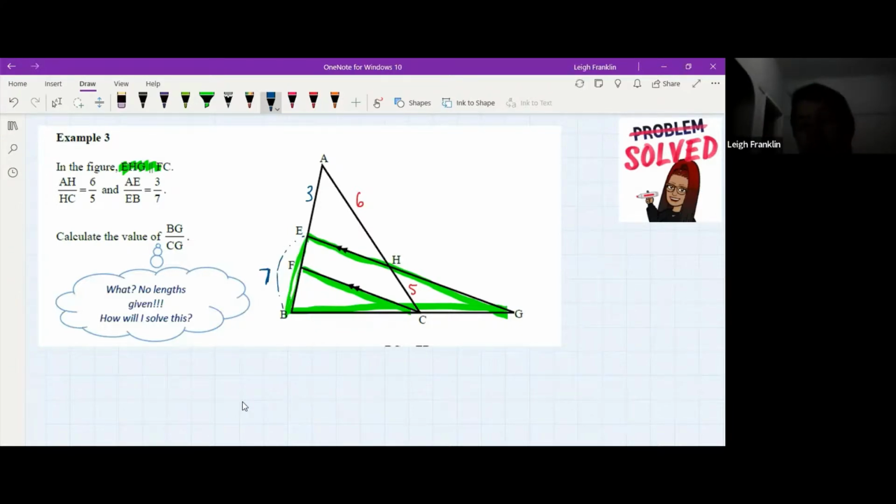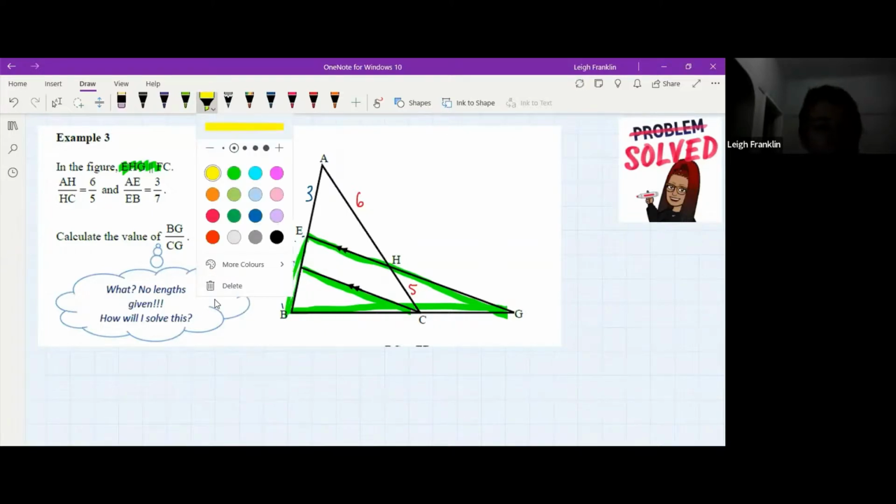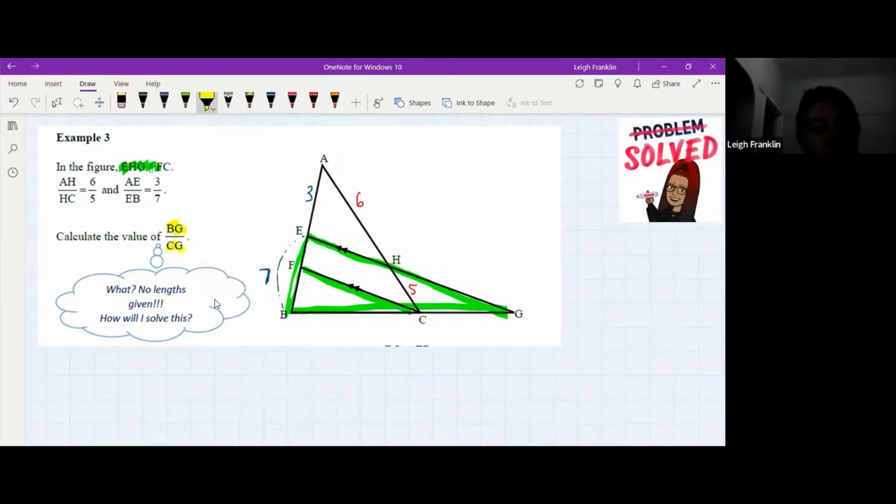They haven't told us the lengths of any of the sides. Now, we've identified one triangle that we can work in. And if we have a look at what they're asking us for, they're asking us to solve BG over CG. So BG is this whole line over here. CG is that one over there. So they're asking us to end up working in the green triangle.